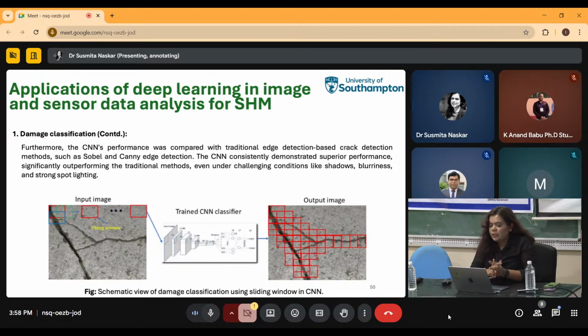And then let's look into how CNNs outperform the traditional edge detection methods for crack detection. So let's compare the CNN versus the traditional method, okay? Historically we know that crack detection relied on edge detection algorithms such as Sobel or the Canny filter. You must have heard about it. There are several traditional methods for trying to understand the crack or the damage.